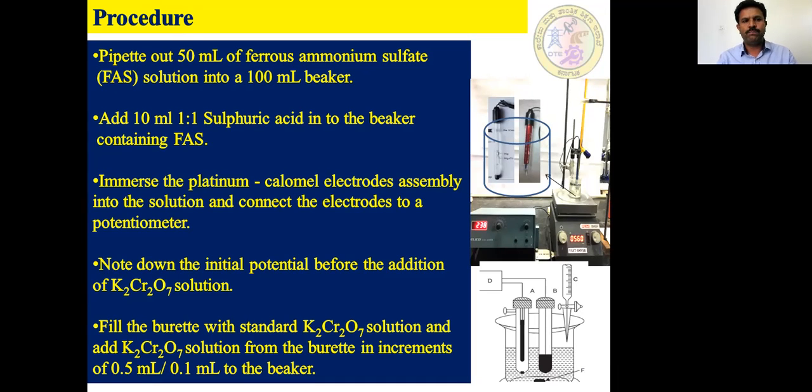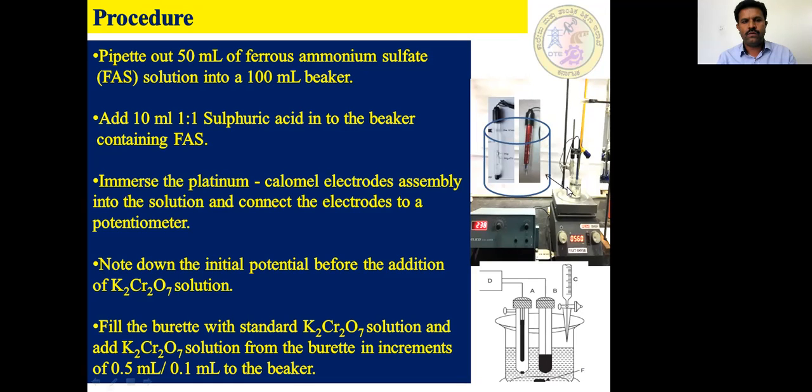First, we should pipette out 50 ml or any known volume of ferrous ammonium sulfate solution into a 100 ml beaker. Here we have pipetted 50 ml of ferrous ammonium sulfate solution, and we should identify the quantity of ferrous ammonium sulfate in liter.